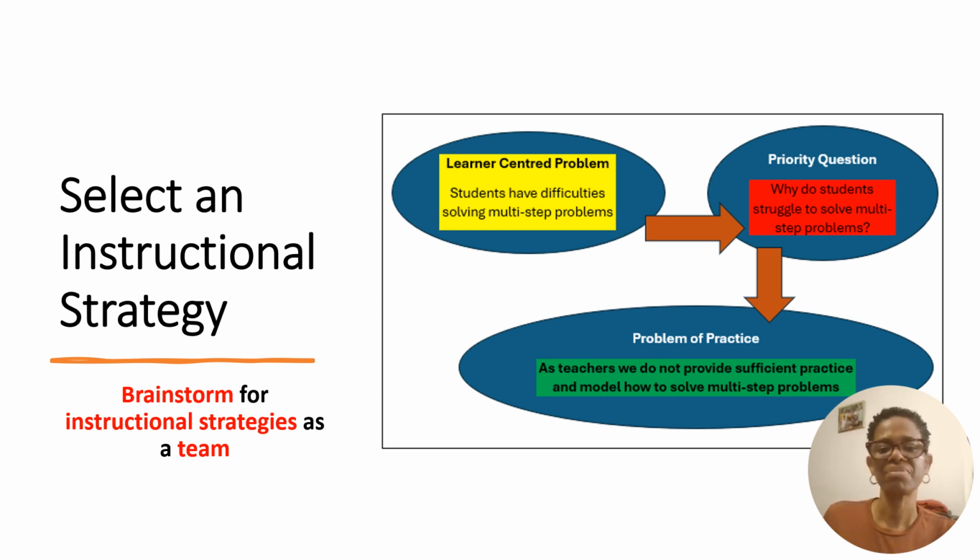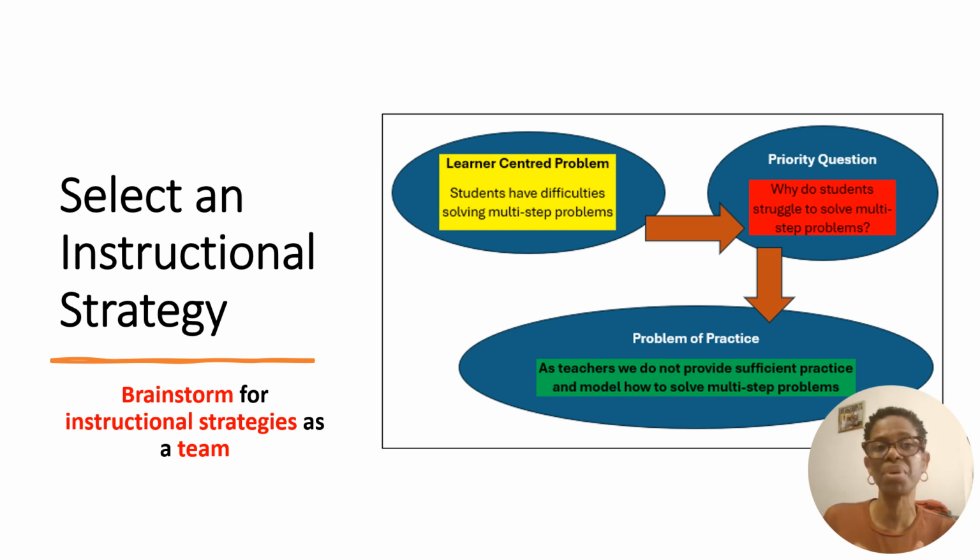And then, what is the problem of practice? Is it entirely on the student, or is it because of the instruction that we are producing? So that would be a problem of practice. Maybe you're not giving sufficient practice. Maybe you're not modeling sufficiently to the students. Maybe you do not have anchor charts posted in your classroom displaying how to solve the problem that students can use as a frame of reference.